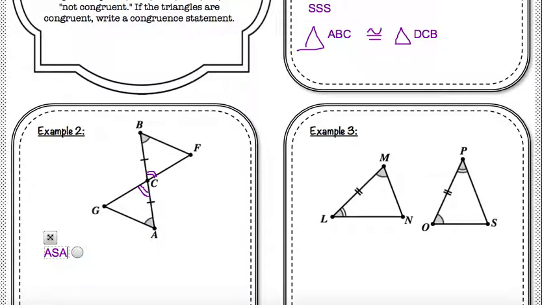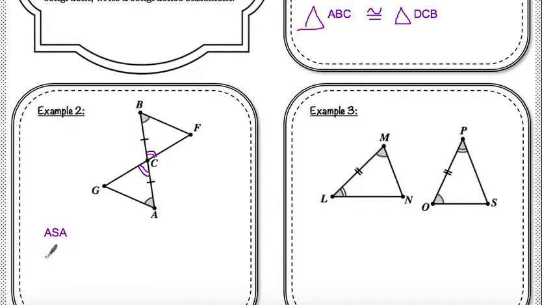Okay, so we are going to write a congruent statement. We've got triangle ACG is congruent.